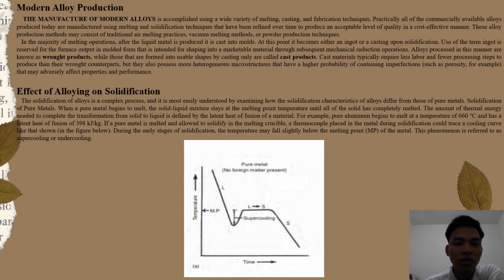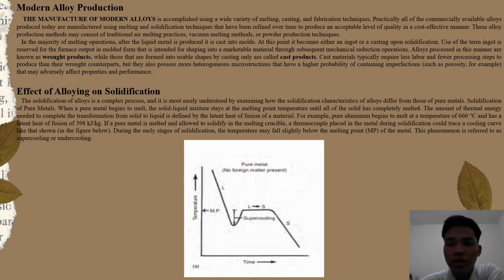Modern alloy production. The manufacture of modern alloys is accomplished using a wide variety of melting, casting, and fabrication techniques. Practically all of the commercially available alloys produced today are manufactured using melting and solidification techniques that have been refined over time to produce an acceptable level of quality in a cost-effective manner.